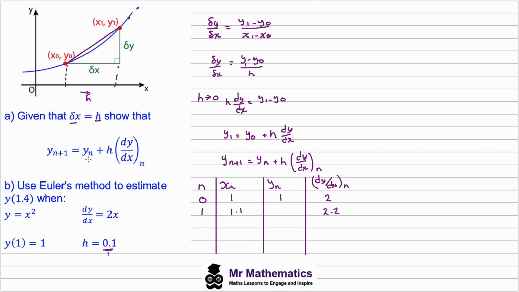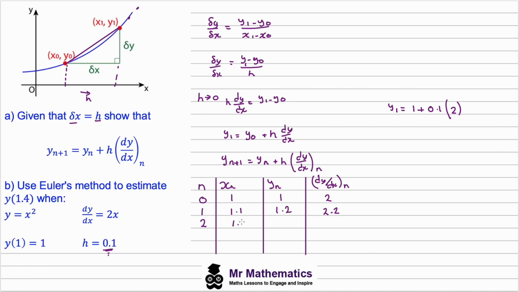So using this equation, y1 will be y0, which is 1, plus h, so 0.1, times dy by dx when n is 0. And we'll just work this out as 2. So we've got 1 plus 0.2, y1 will be 1.2. So for our second iteration, we're going to go across another 0.1.